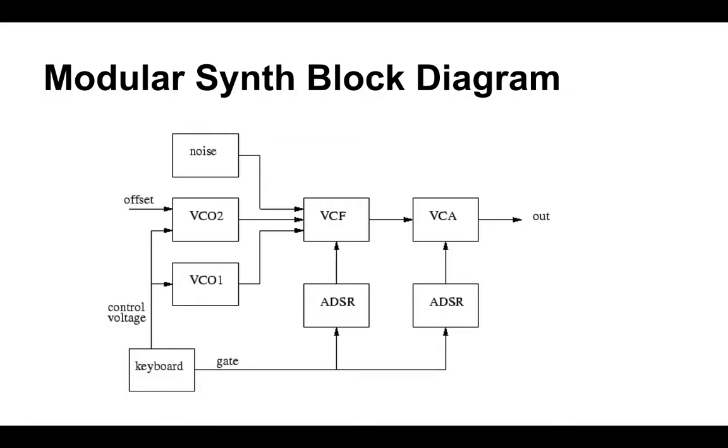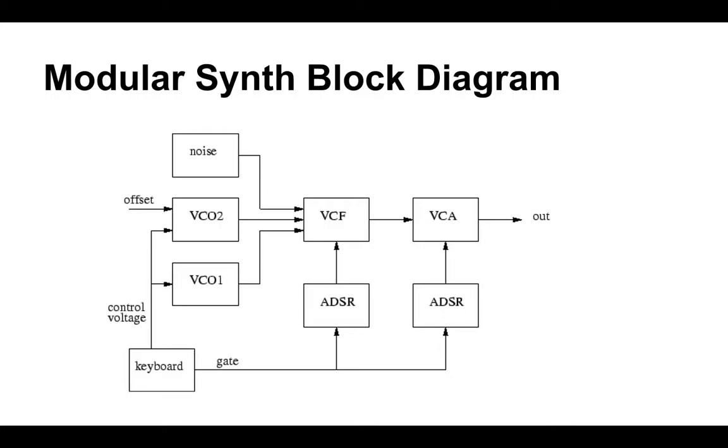The keyboard sends a voltage to a VCO, a voltage-controlled oscillator, like a sine wave, a square wave, some kind of oscillator. These oscillators can be tuned to each other, detuned, or harmonized, and then they go into a VCF, a voltage-controlled filter, which changes the timbre of the waveform.